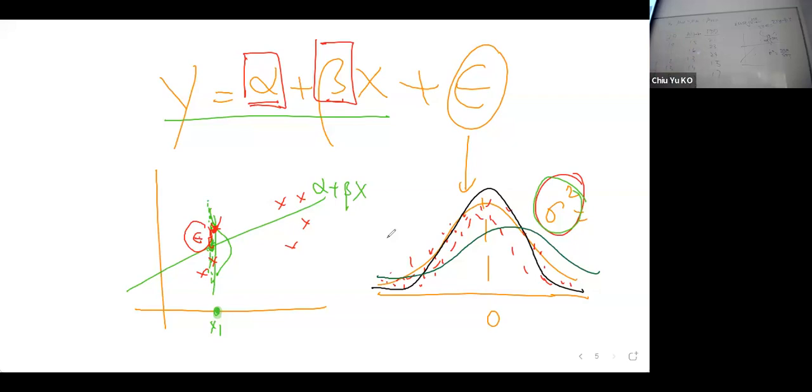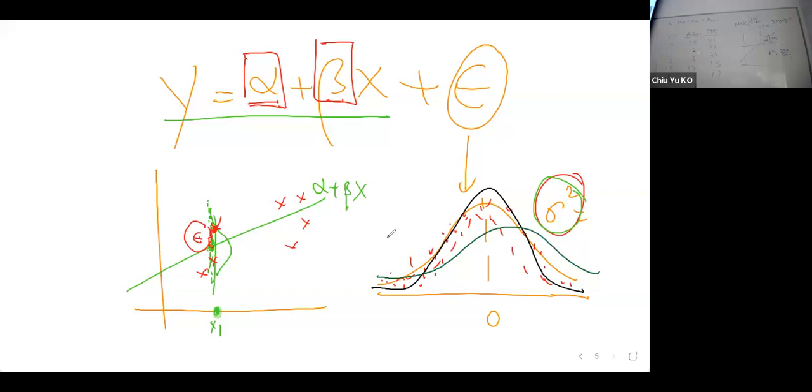You try to figure out what alpha, beta, and sigma best fit the model. The same thing. Of course, if you assume it's not normal, then what you get is different from the standard minimized vertical distance. If you assume it's uniform, or some other crazy type, it's not the same. But if you assume it's normal, then it's the same.